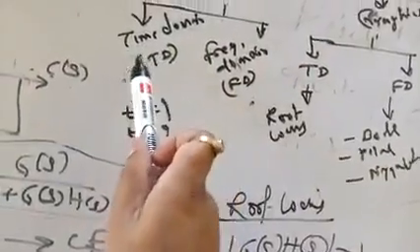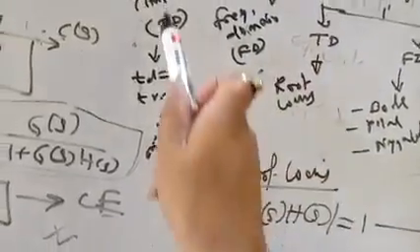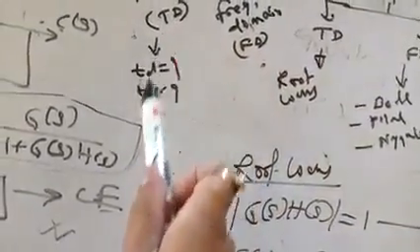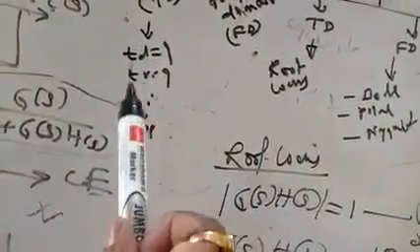Second is the analytical method. In analytical, there are 2 types: time domain, TD, and frequency domain, FD. TD is nothing but the transient and steady state response of a control system, which totally depends on the time domain.